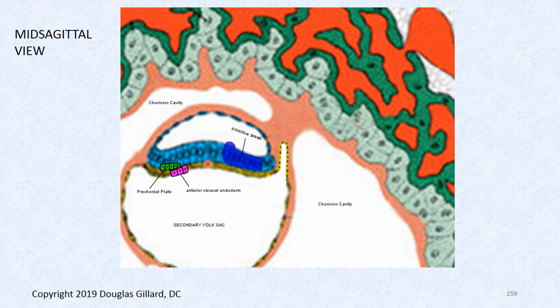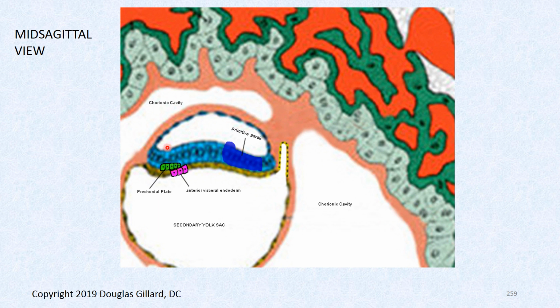All right, and remember in our previous videos we talked about how a prechordal plate formed with mesodermal tissue. That's considered anterior mesodermal tissue. And then way back we talked about the AVE cells, the anterior visceral endoderm. They're part of the endoderm. And that's about it.